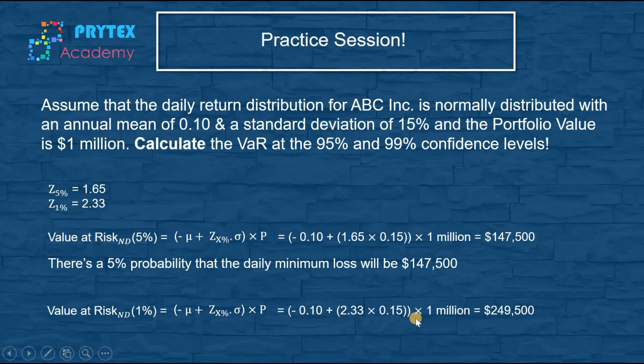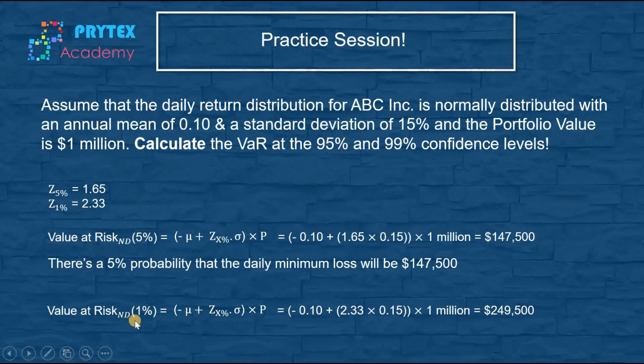Similarly, value at risk at 1% significance by the method of normal distribution can be calculated using the same formula. All the input values remain the same except the z value, because the significance level has changed from 5% to 1%, so we have to use the z value at 1% significance, which we calculated to be 2.33. So instead of 1.65 here, we have used 2.33, and after calculation we get a value of 249,500 US dollars.